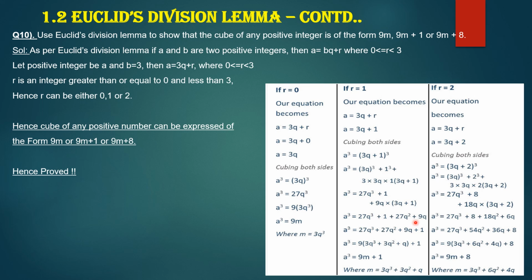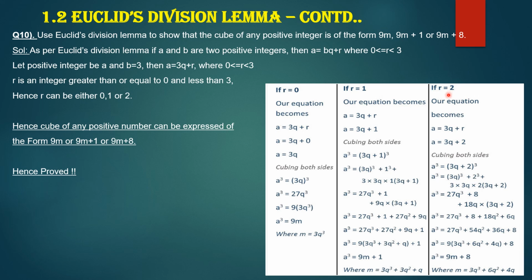What we are going to do here is take out the common factor. 9 is common. So we take out 9 common, and it will remain 3q cube plus 3q square plus q, plus 1. And we can write it as 9m plus 1. We have represented this particular value as m.